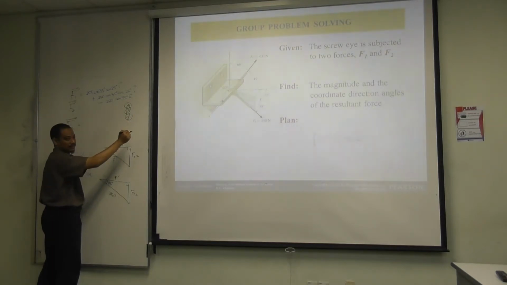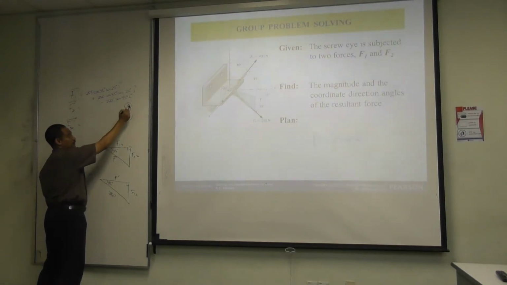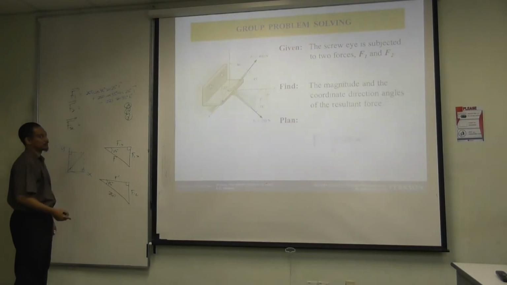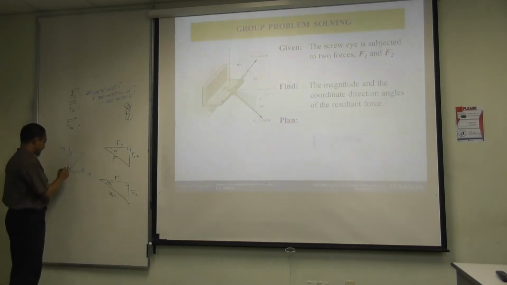What do you mean by x, y, z? Is it the angle between what and what? Yes, the angle between x and y is 90 degrees. X and z is also 90 degrees.